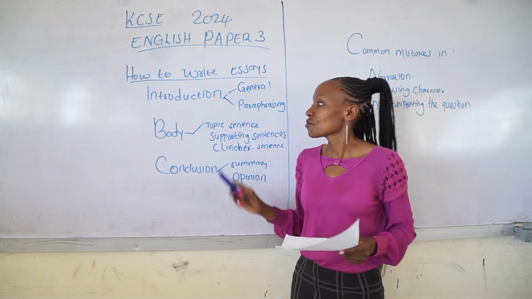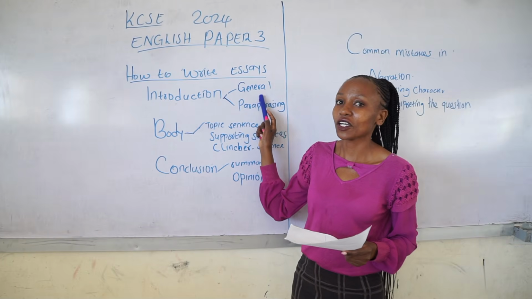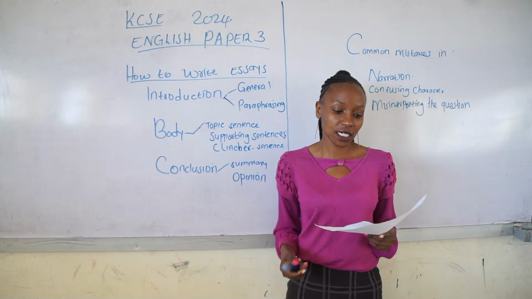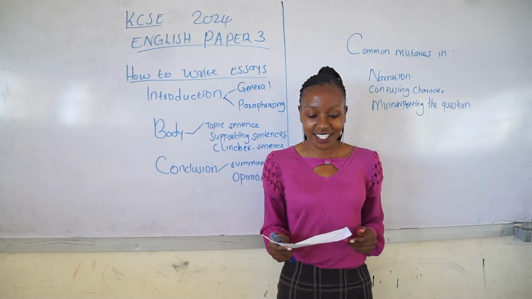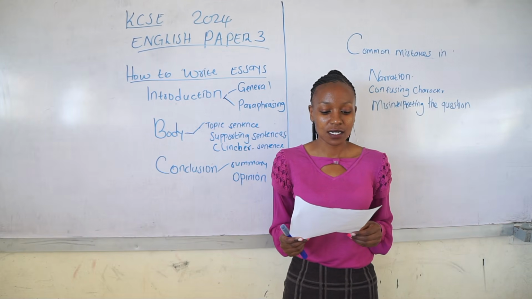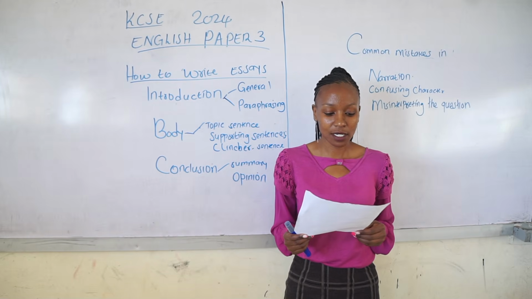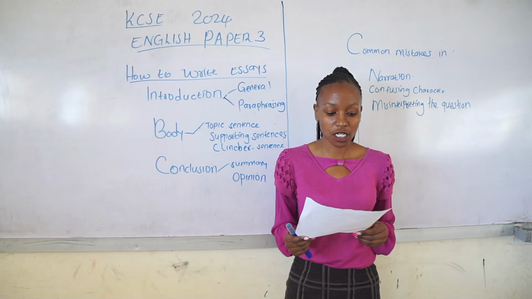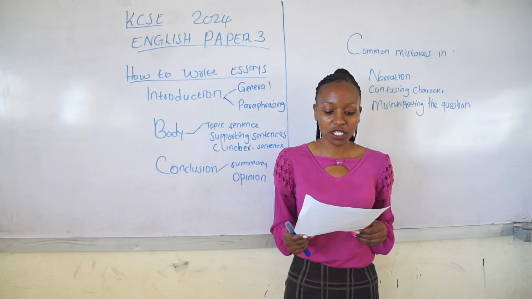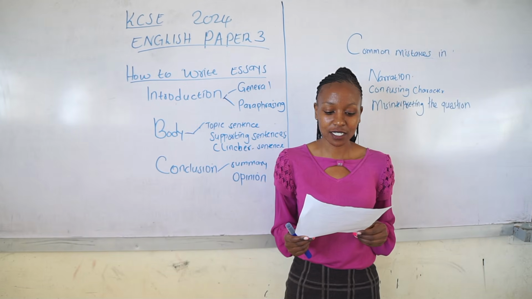For this, we are going to formulate a sample general introduction, from general, and then you mention something specific. And this is what we got. Listen keenly. In the contemporary society, people often elect leaders based on their promises rather than their leadership qualities.